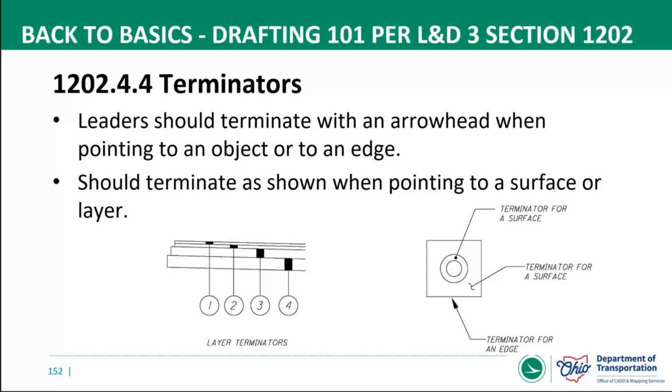And this says all leader lines should end with a terminator. I could give or take the terminator on at least the typical section here when you're pointing to like the prime coat and tack coat. It just adds one more thing to overlap stuff there.